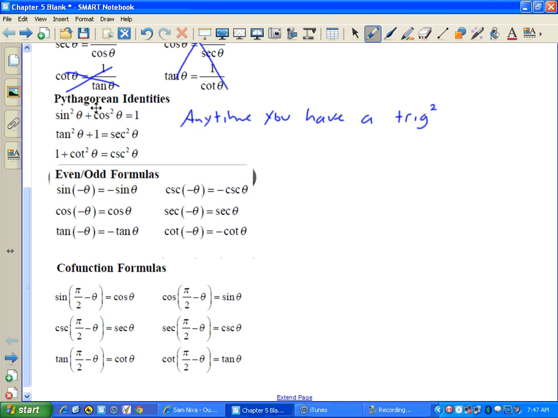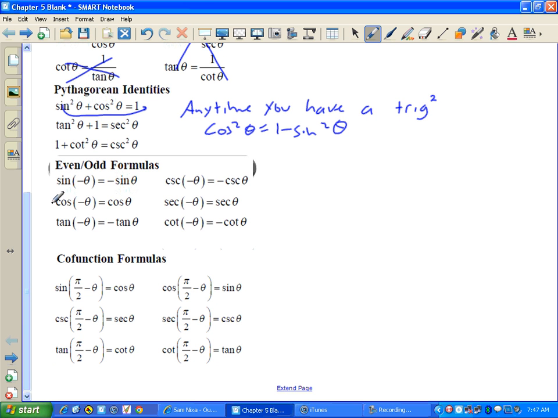It could be in a different form. Let's say I have cosine squared and I don't have sine squared. Well, I can move this sine squared over and I could replace cosine squared with 1 minus sine squared. And maybe that'll help me when I'm simplifying trig expressions or solving a trig equation. So these can be shifted around to suit your needs.